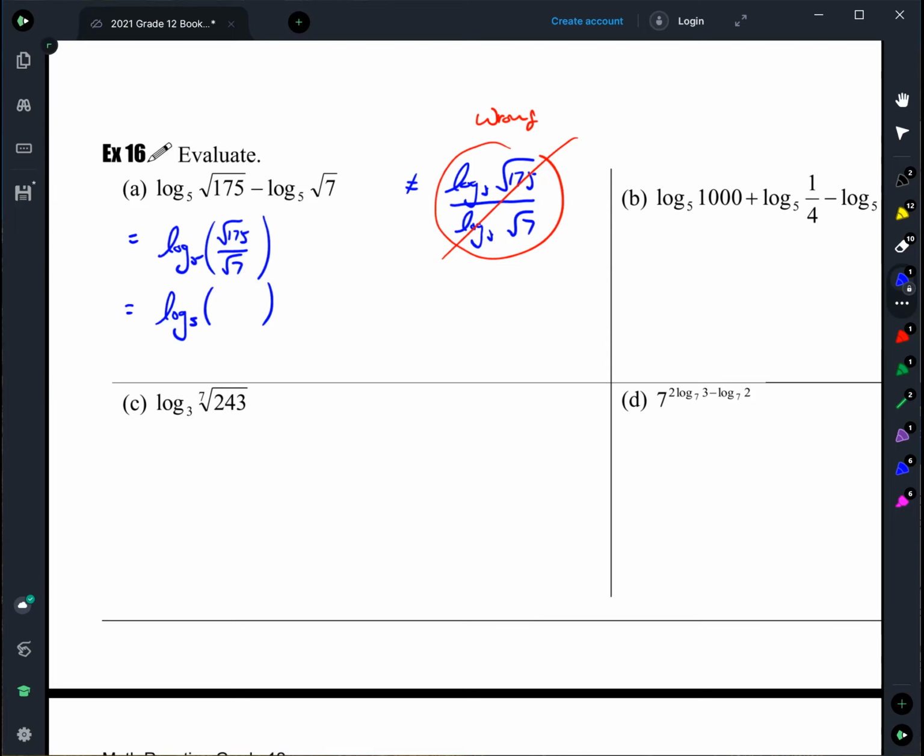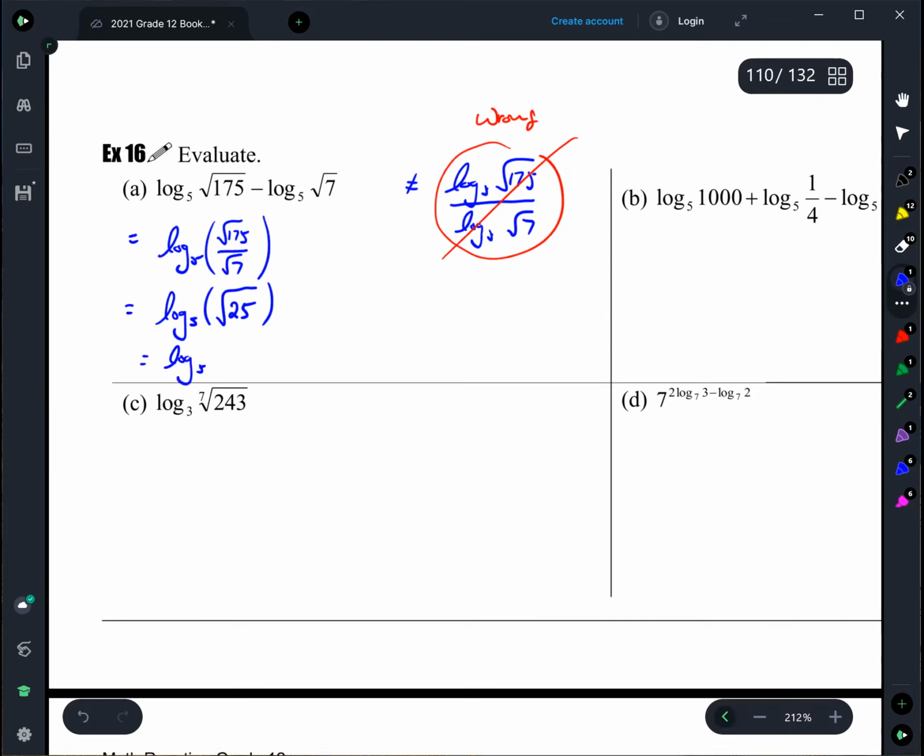A 5. So without using the calculator, you can divide the numbers inside the root with each other, then you get 25 in the square root, and that turns into 5. So you get log base 5 of 5.